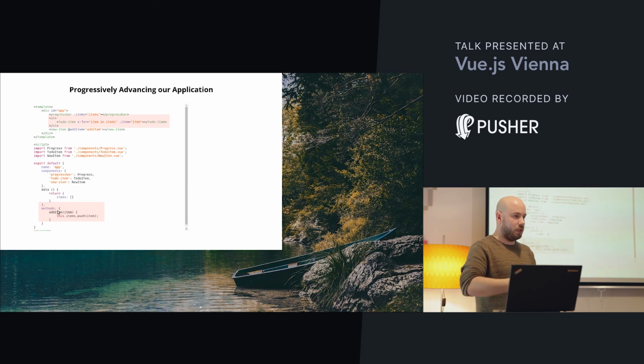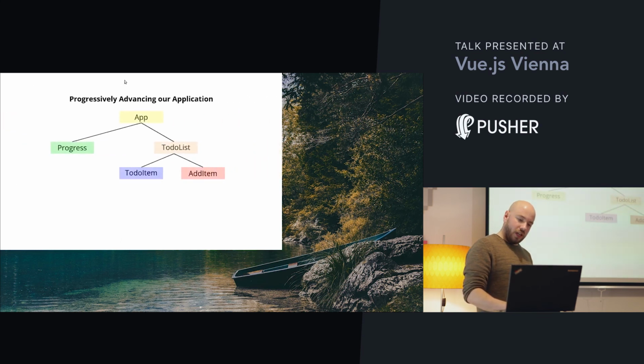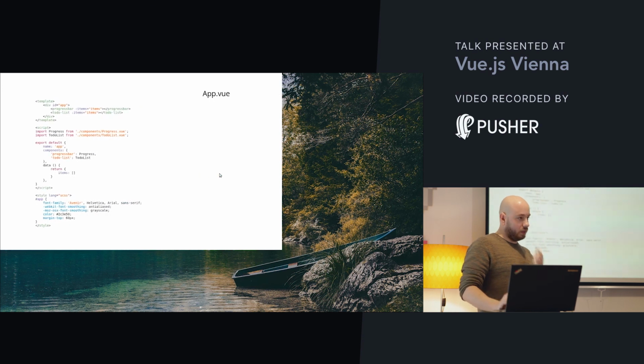So this could be packed into a component as well. So that's what we do. We could change our tree we saw earlier by adding another component, to-do list, which combines the to-do item and the add item component. And this method we can apply every time in our application, so it actually grows with us.